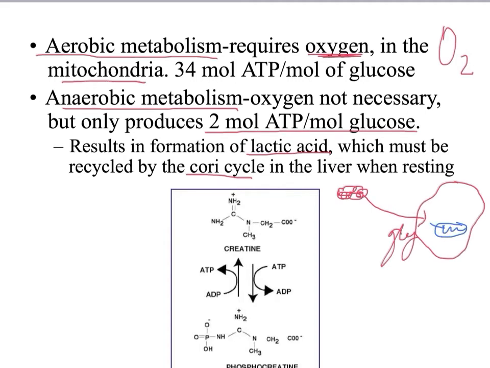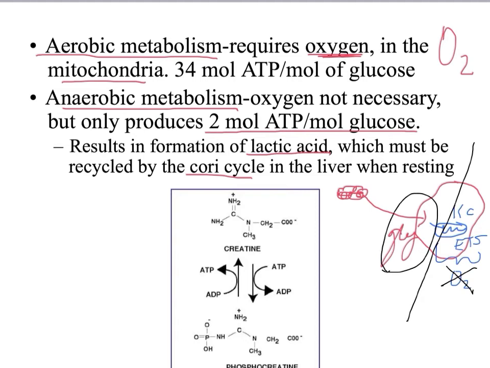And remember, the mitochondria is where your Krebs cycle and your electron transport system occur. For this to happen, this is your aerobic, and you have to have oxygen. If anything happens and you do not have oxygen, then none of this can happen, and you're stuck in glycolysis.